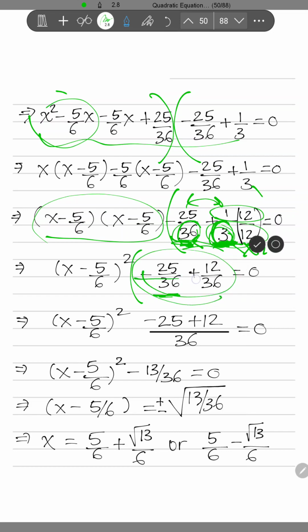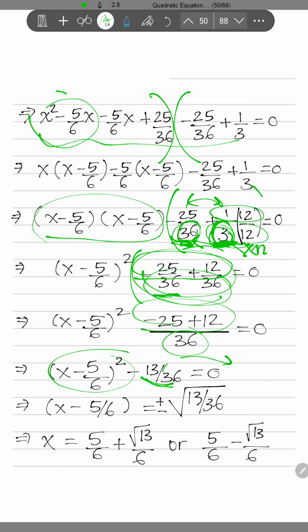Now we can put the numerators all together here with a common denominator. So (x minus 5 over 6) the whole square minus 13 over 36 is equal to 0.